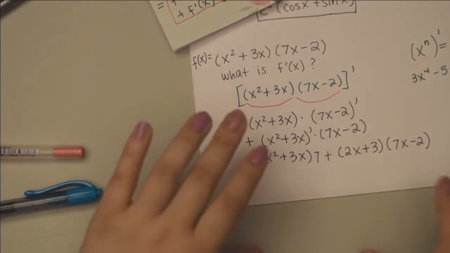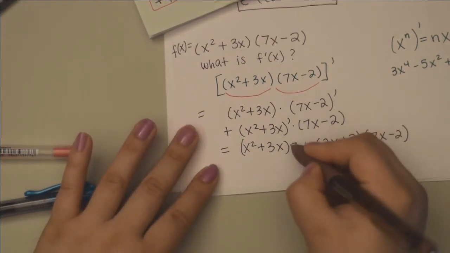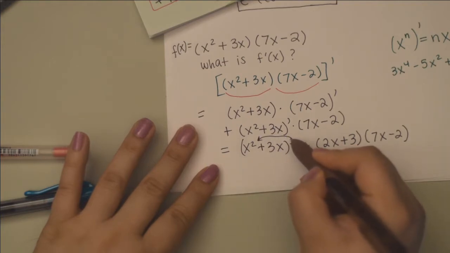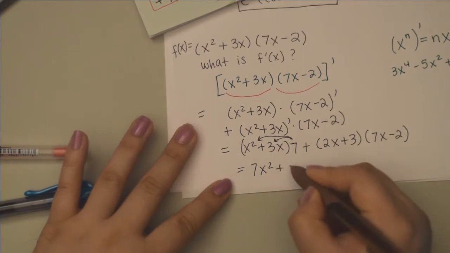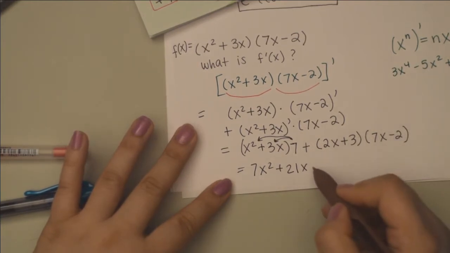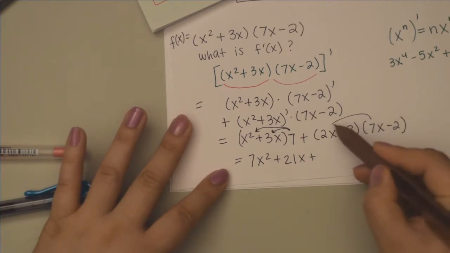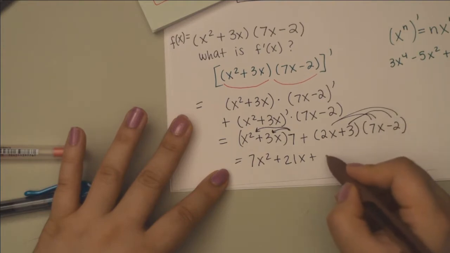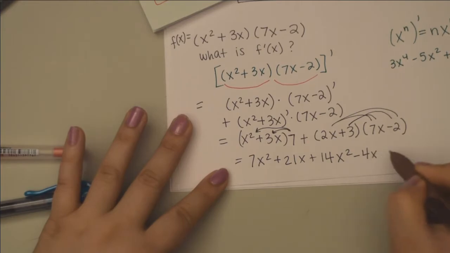And here we just have to work out the algebra. I'm just going to distribute the 7: 7x squared plus 21x, plus, and then FOIL this out, first, outer, inner, and last: 14x squared minus 4x plus 21x minus 6.